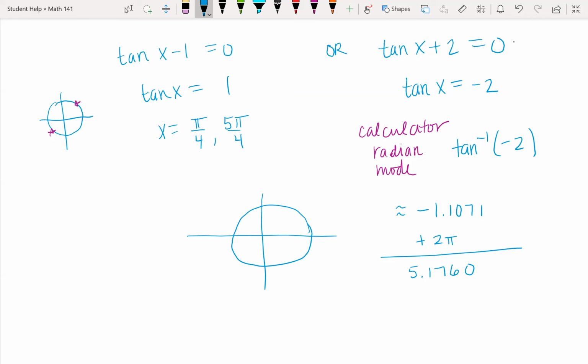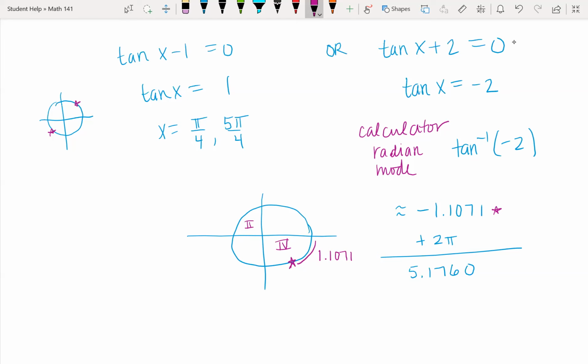Yeah, it's going to be about here. And this distance is 1.1071. We get that from there. So tangent is negative in this case. It's negative in quadrant 4 and also in quadrant 2.